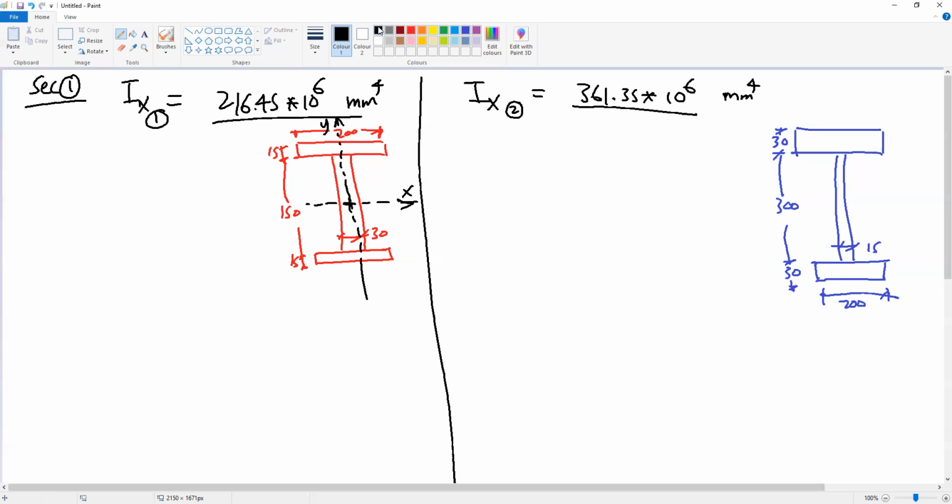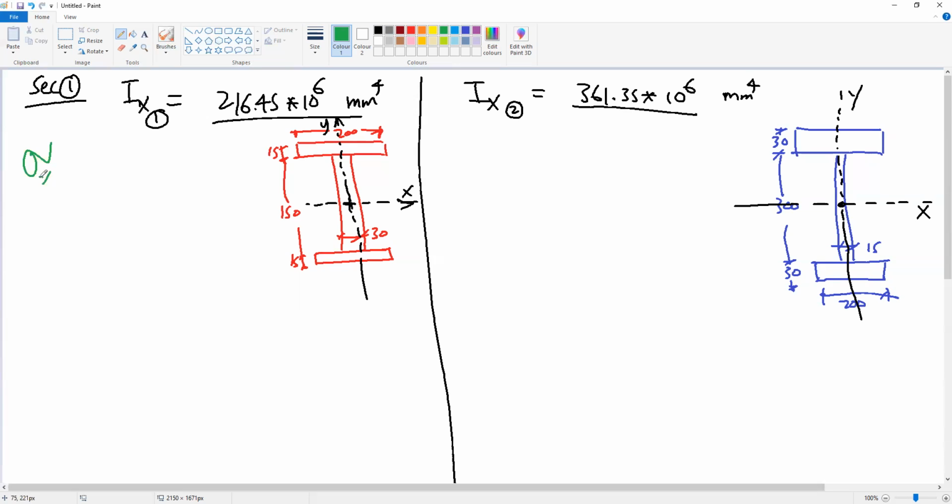And the centroid is here in the middle. So now we need to calculate the maximum stresses for each section.